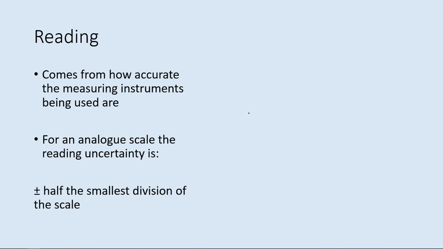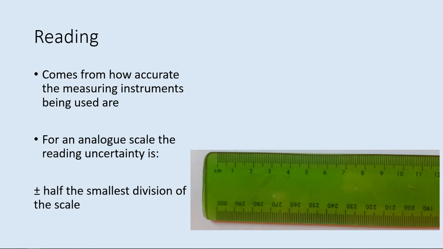If this is a ruler, we've got our centimeters, and each centimeter is divided into 10 subsections. So each one of these would be 0.1 centimeters.